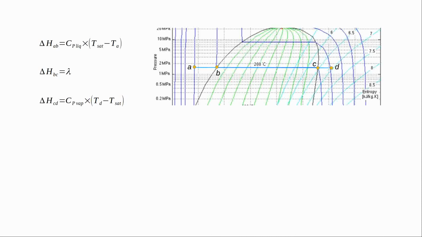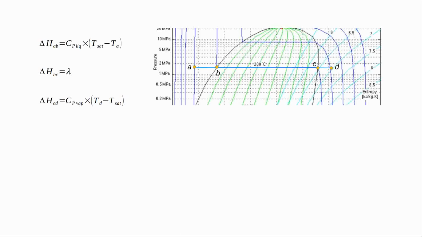Further, if we heat it up, the fluid boils, and at point C, we get saturated vapors. The heat required is equal to the latent heat, and the enthalpy change is equal to the latent heat. The enthalpy difference between point C and point B is nothing but the latent heat, and the latent heat is nothing but the change in enthalpy, vice versa.